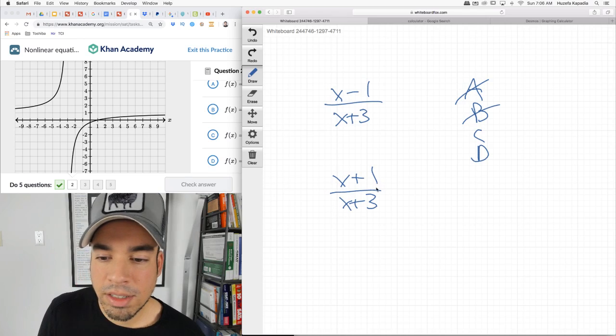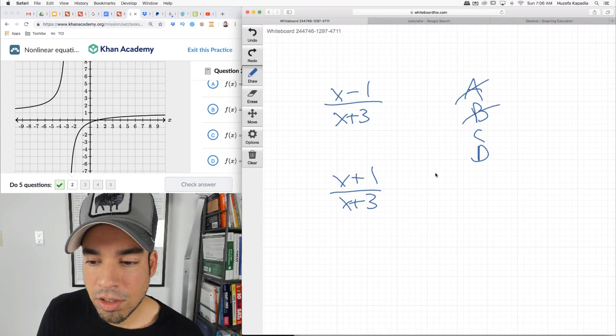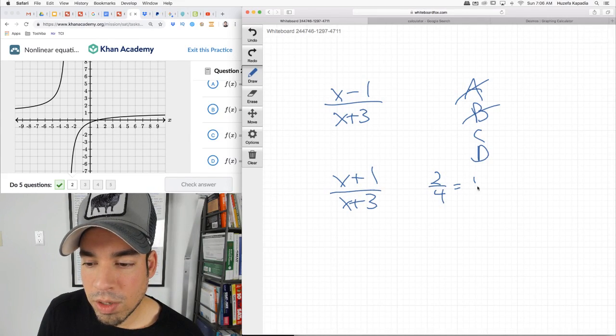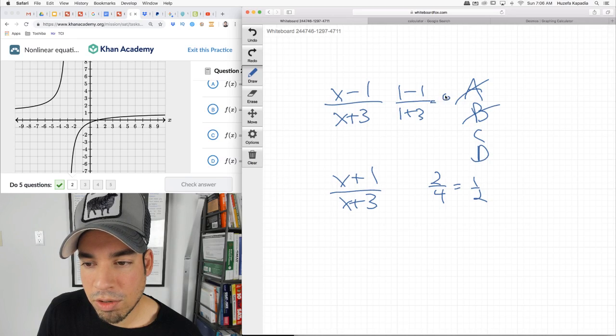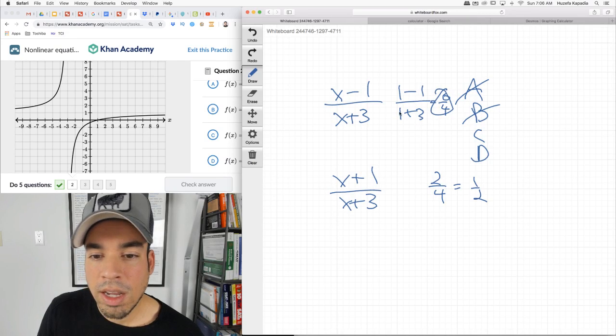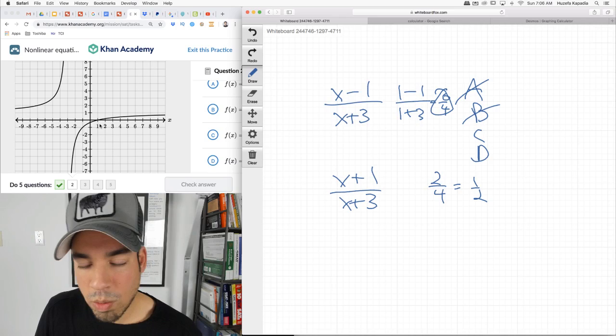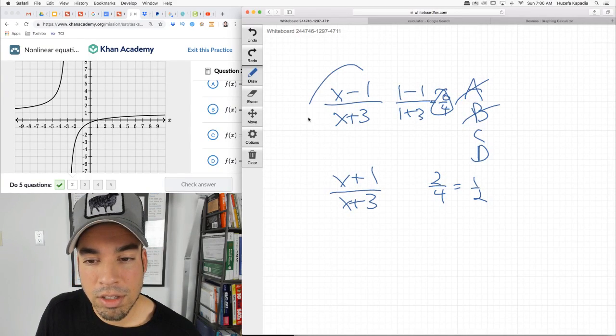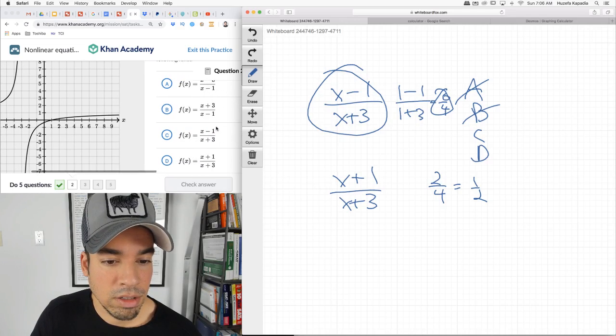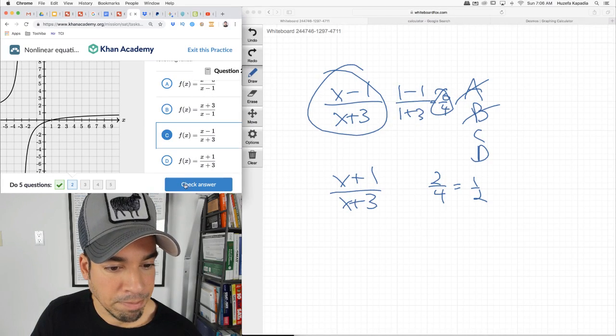Now, if I plug 1 into this function, I get 2 over 4, which is 1/2. That doesn't work. But if I plug in 1 in here, I get 1 minus 1 over 1 plus 3, which becomes 0 over 4, which is 0. And that's what we wanted. So when x equals 1, y equals 0, the function equals 0 in this one. So this is our answer, which is C.